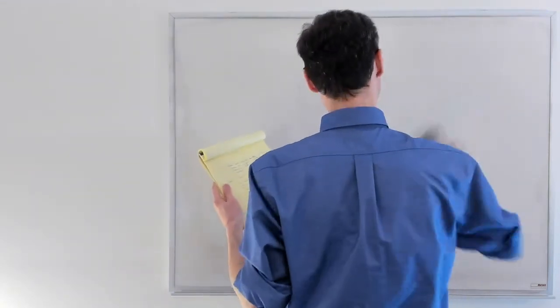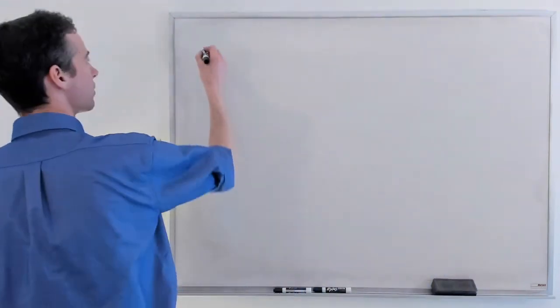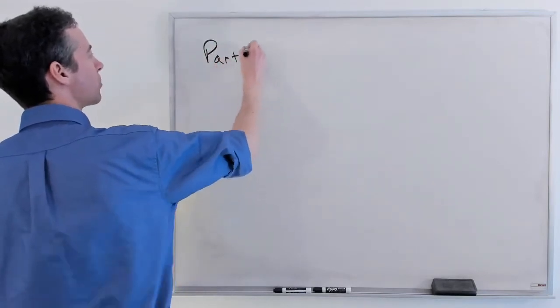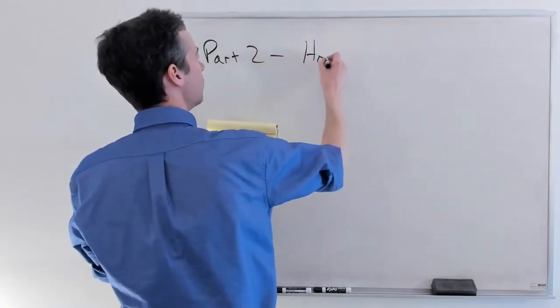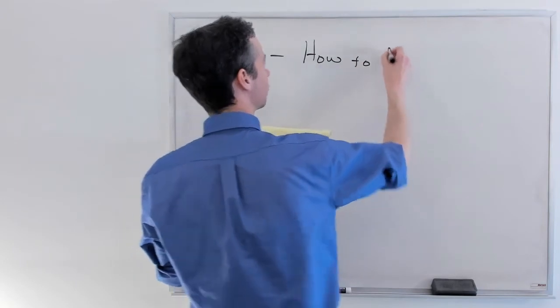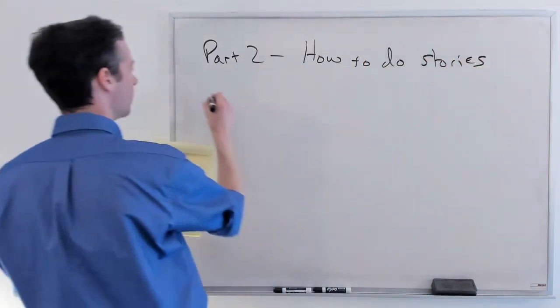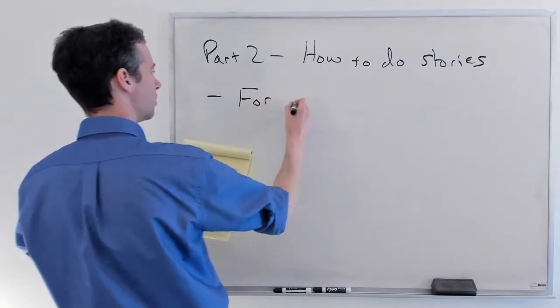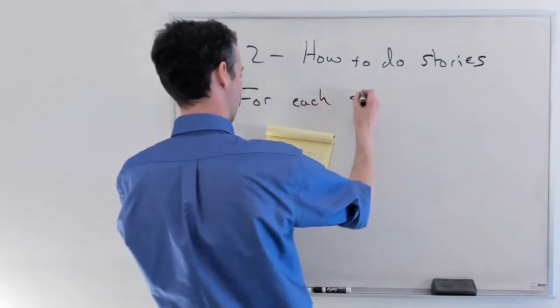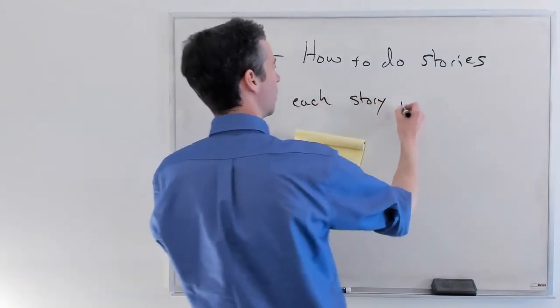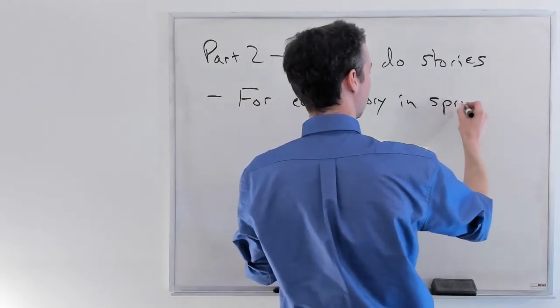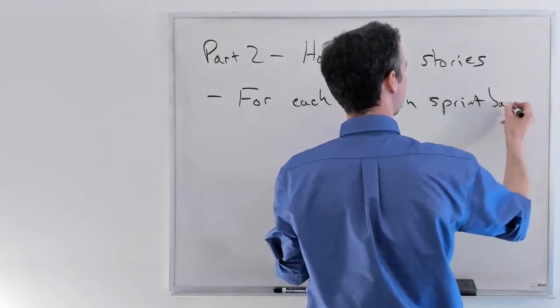Part 2 is not as complex. So part 2, how do you do the stories? All right, basically what you do is you take each story, and again, the sprint backlog, this is what we're working with now.